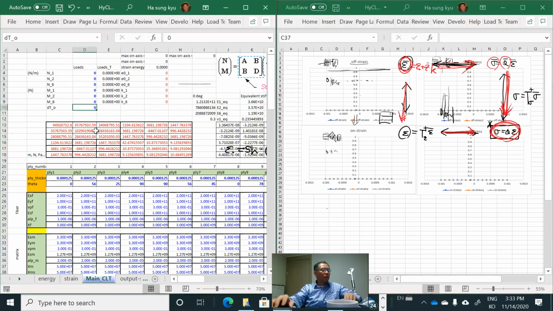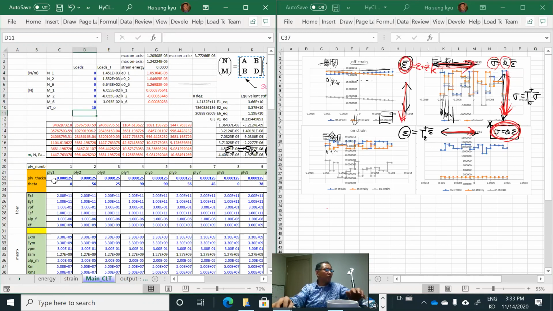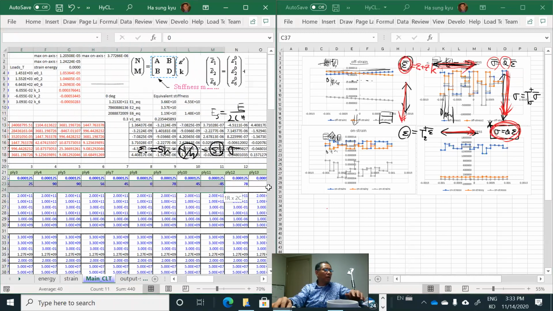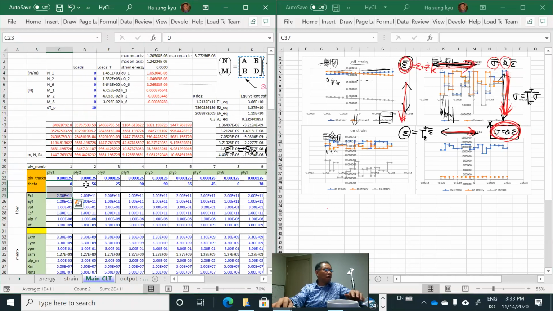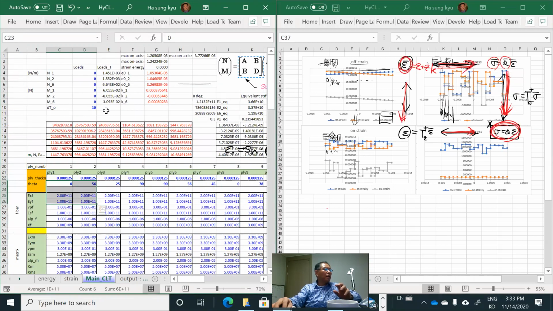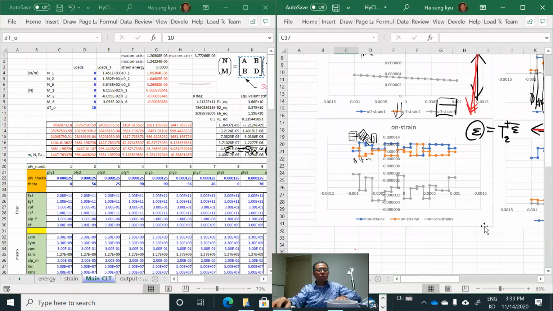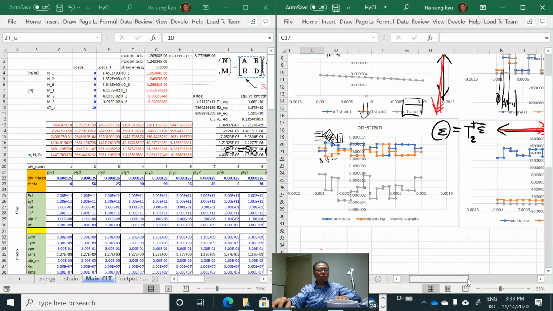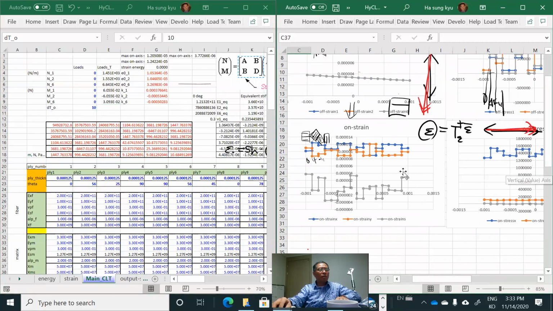But once we have a temperature increment of whatever laminate we have, let's say any laminate with arbitrary ply angles, and then we increase the temperature 10 degrees, as you can see, we have OX strain and OX stresses and ONX and so on. Please pay attention to how much strain and stress we have.